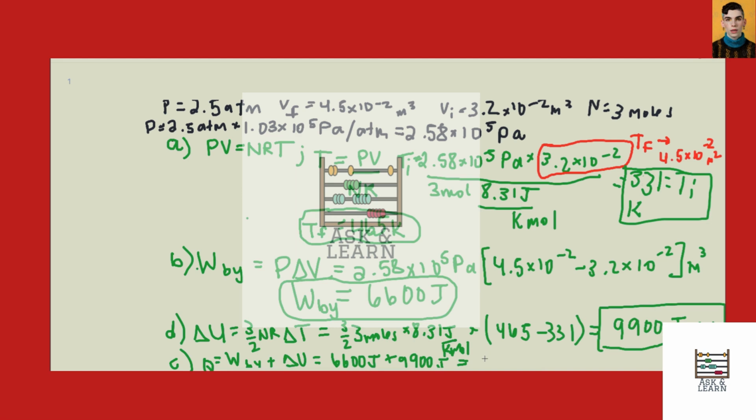And you can get from that, 99 plus 66 is 165, zero, zero, so 16,500 joules. And then it's kind of hard to box that from my screen, but there's a box.